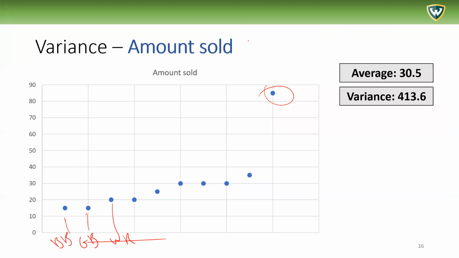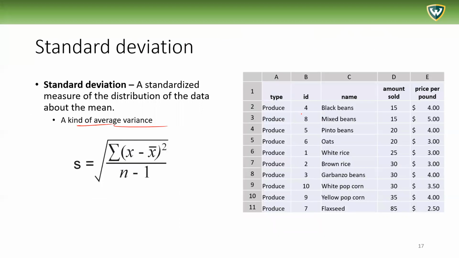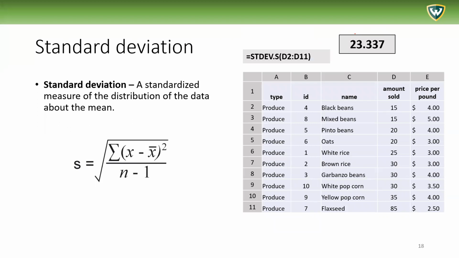So we had the value here already, 413. If you take the square root of that, we get 23.33, which is much more within the scope of the actual amounts that we see on the amounts sold, right? So the standard deviation is the standardized measure of how much the values of the particular variable disperse.